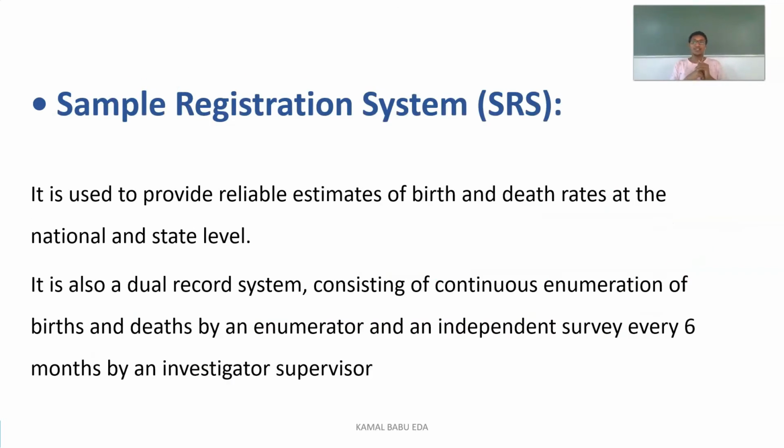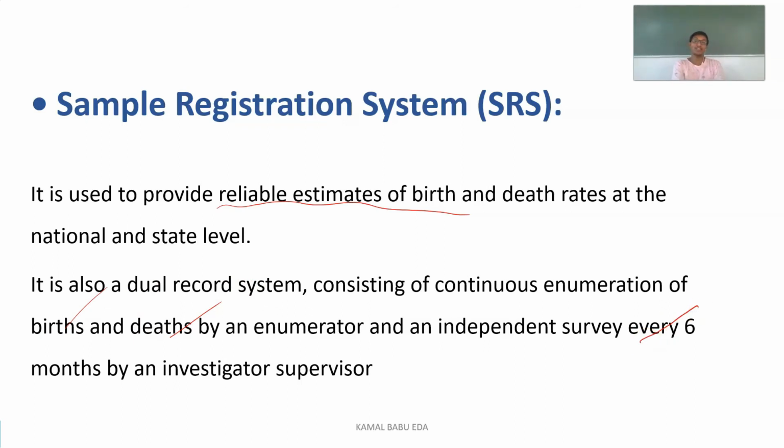Sample registration system: here it is mainly used to provide reliable estimates of birth and death rates at the national and state level. It is also a dual record system, consisting of continuous enumeration of births and deaths by an enumerator and an independent survey every 6 months by an investigator supervisor.